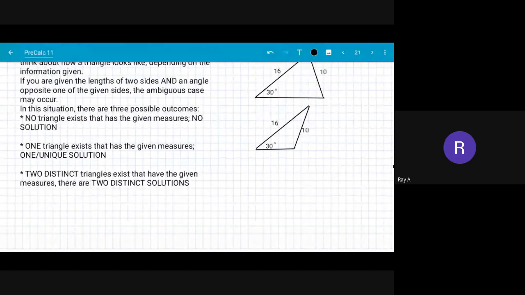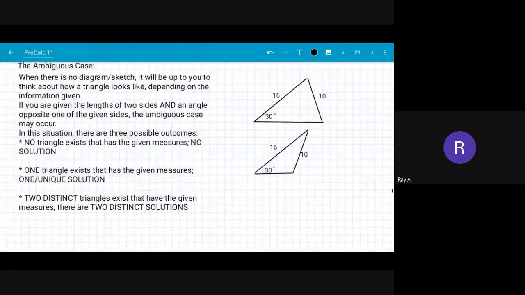In which case, there is only one triangle and only one unique solution. Now, there is also the possibility that there would be two distinct triangles, distinct meaning two different triangles that would come out if you're given a certain set of measures, okay?